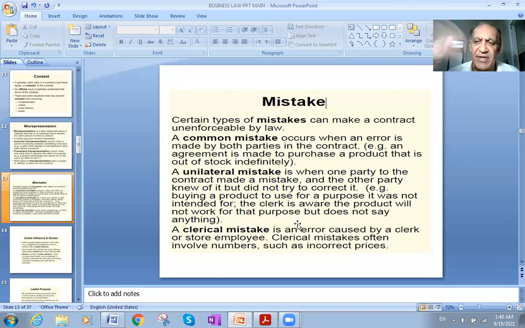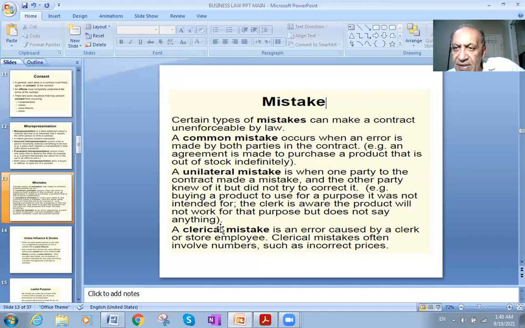We call it unilateral mistake. As an example, buying a product to use for a purpose it was not intended for. The clerk is aware that the product will not work for that purpose, but does not say anything.